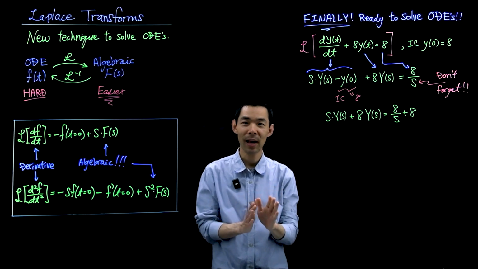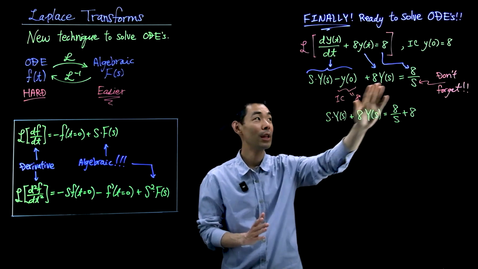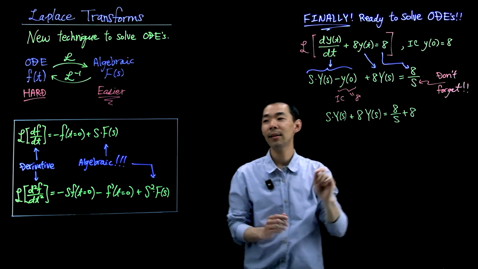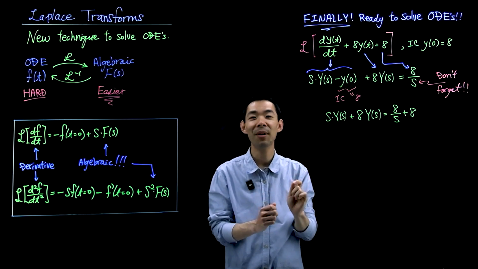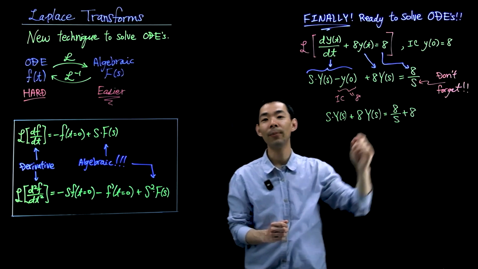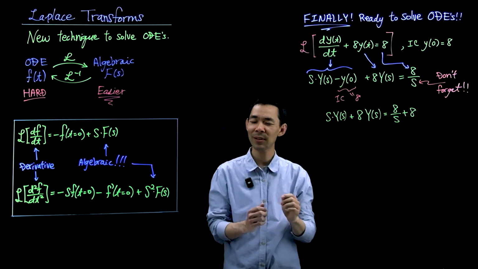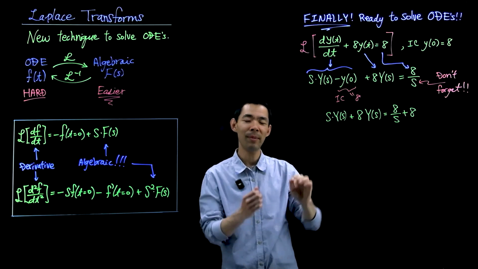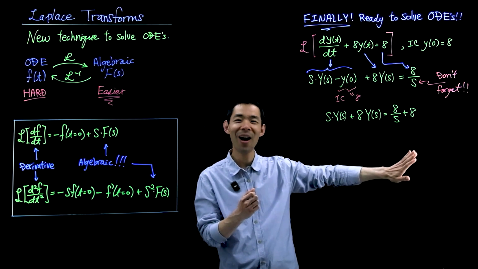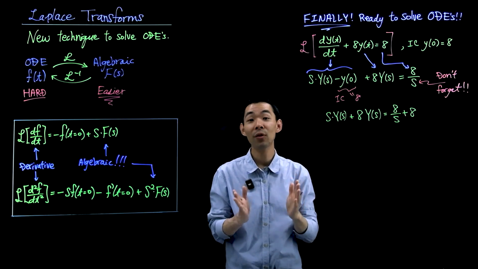Now, some students ask, what if you were not given an initial condition? You were given some y at some arbitrary time, t equal to 10 seconds, some other time other than 0, equal to some value. In that case, it's not an initial value problem anymore. It's something similar to a boundary value problem. Not really. I mean, the domain can go beyond that position x or time, but it's no longer an initial value problem.